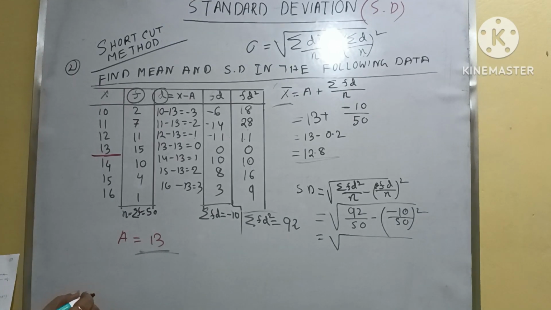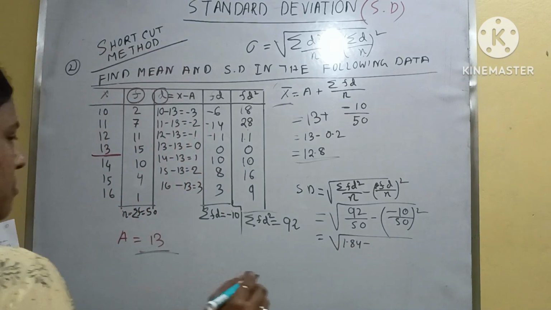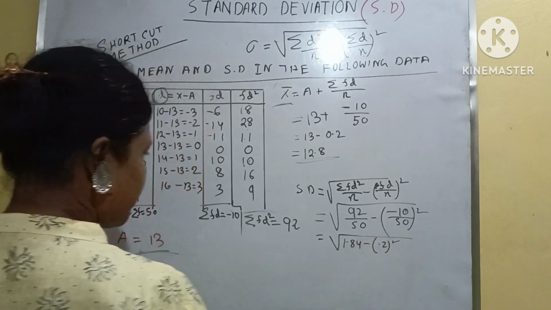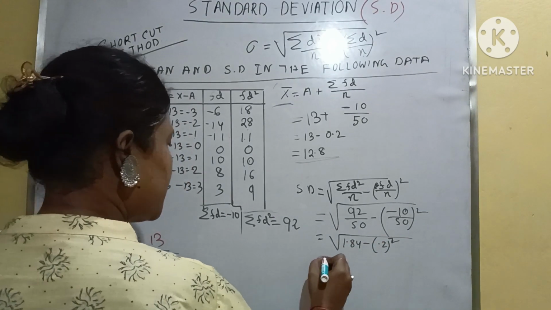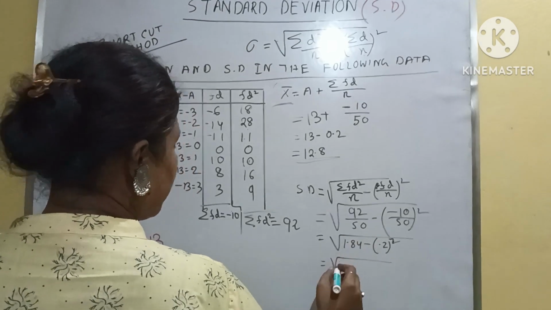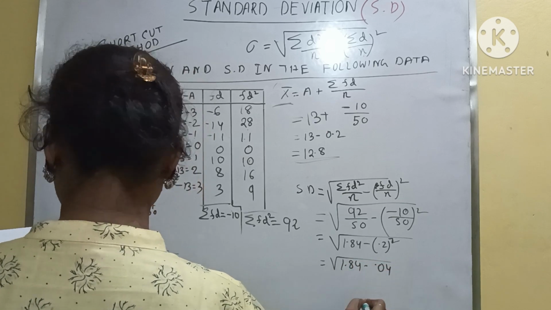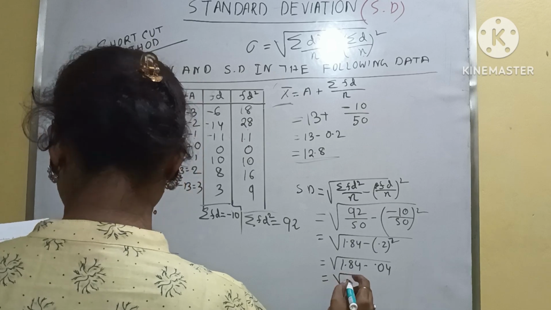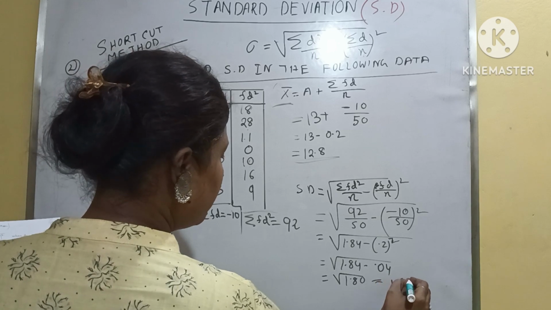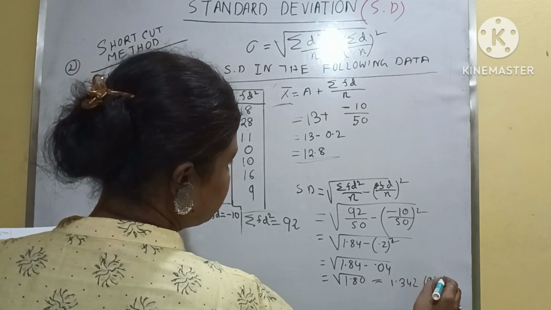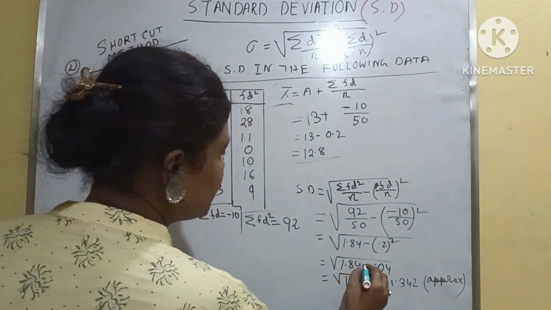So 92 by 50, the answer is 1.84, minus 0.2 square, which is 0.04. So the answer is root over 1.80, and that is 1.342 approximately. Okay, so this is the value.